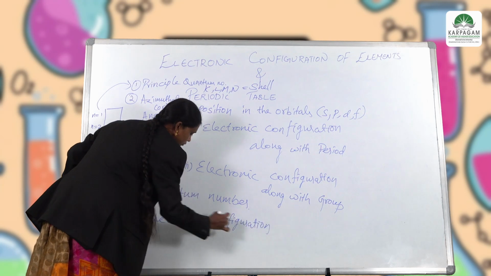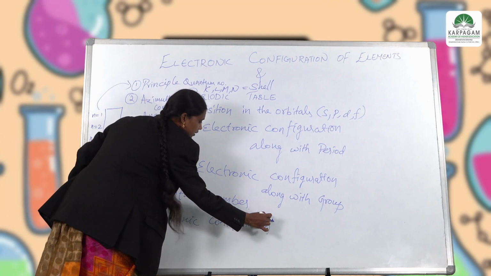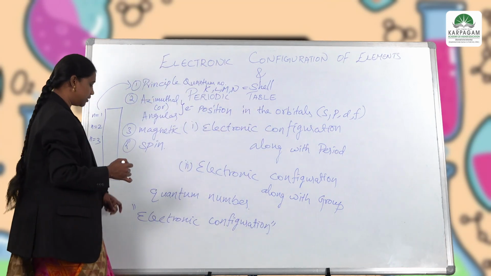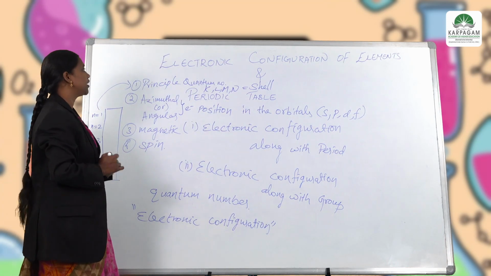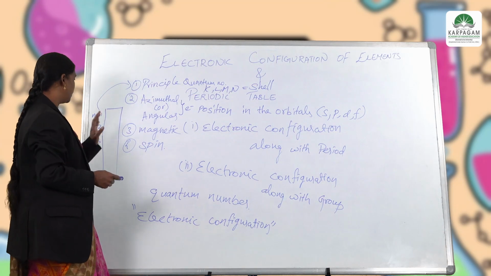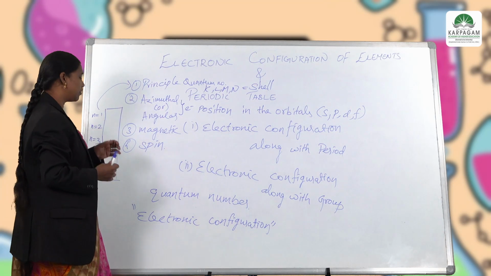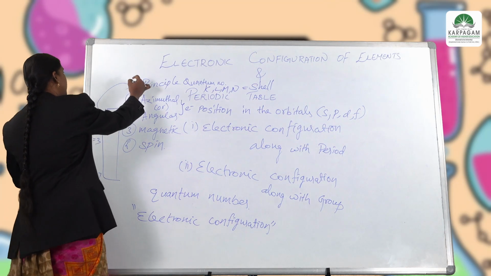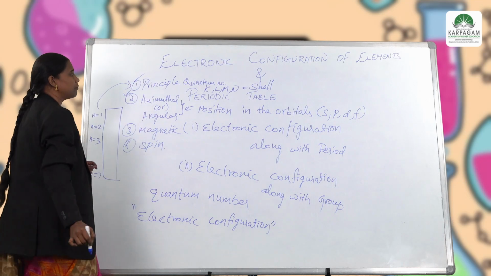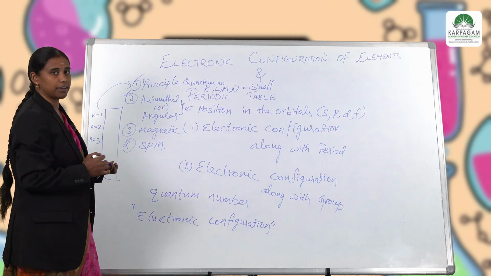So the filling of electrons in the subshells is referred to as electronic configuration. Here the electronic configuration of elements mainly depends on the principal quantum number and the azimuthal quantum number.